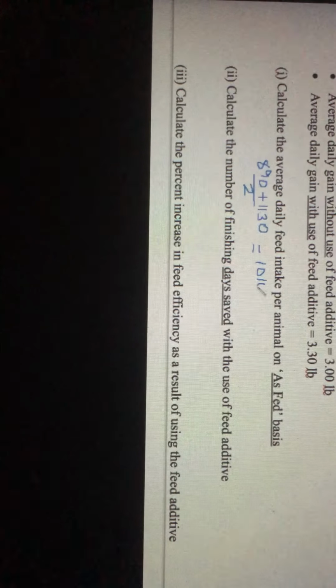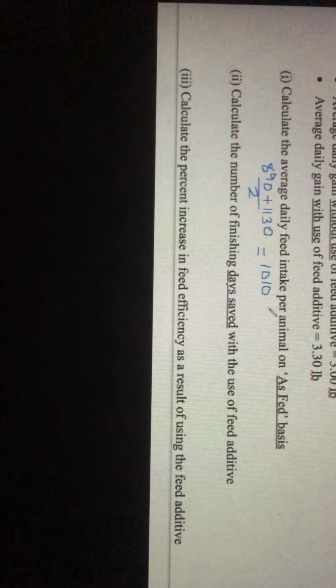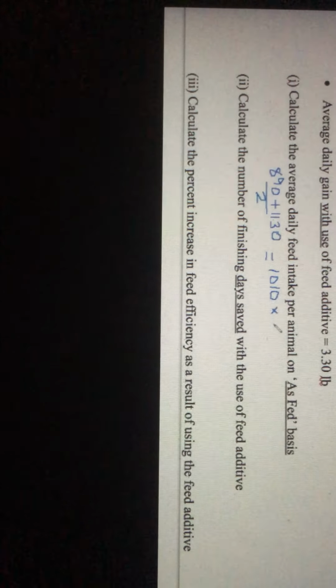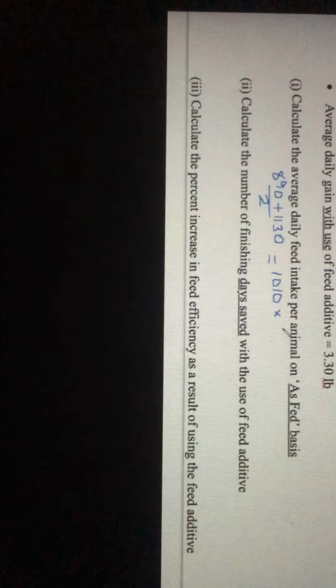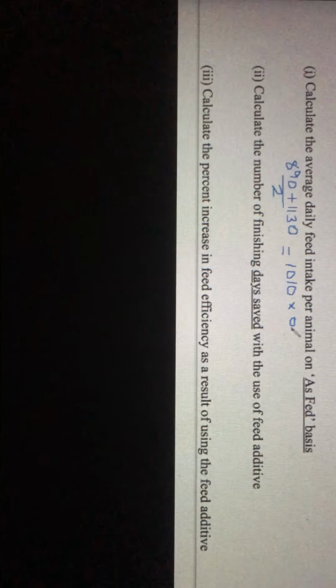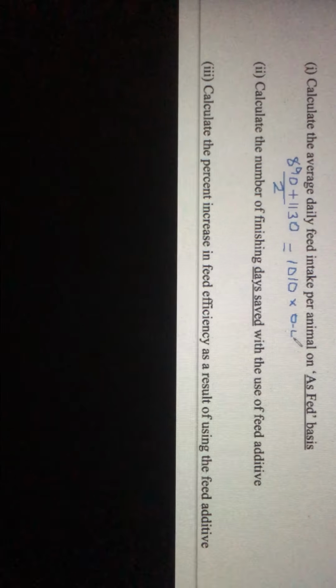That's the weight you're going to use to calculate the average daily dry matter intake, the average body weight of these animals. So times 0.028. Everyone see where that comes from?